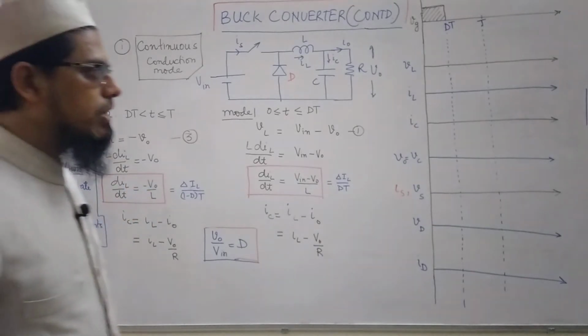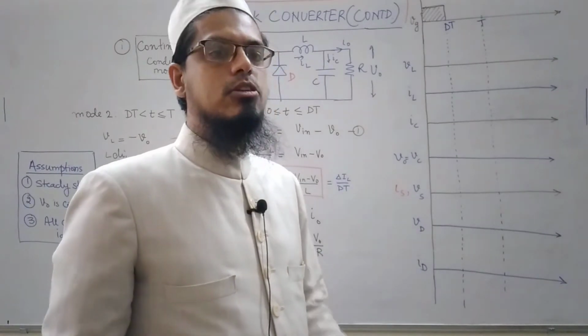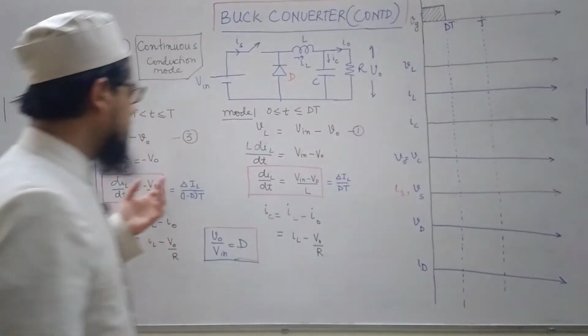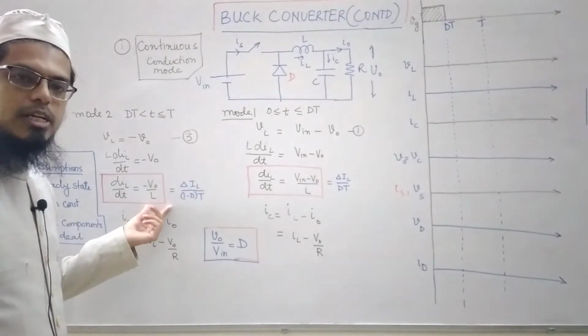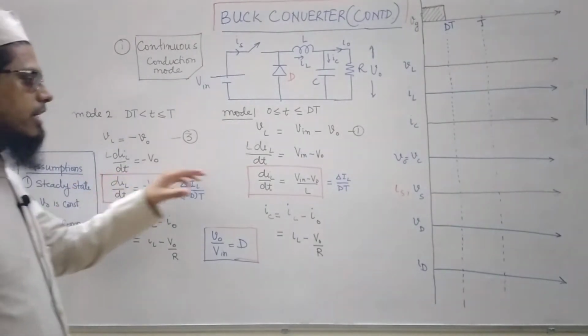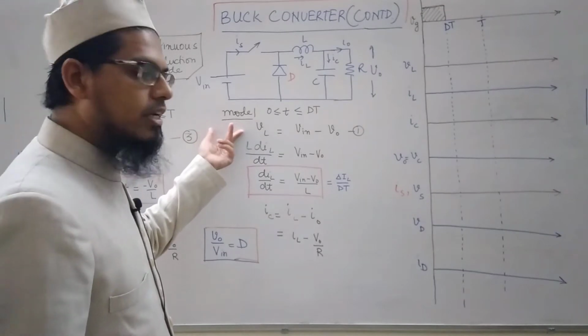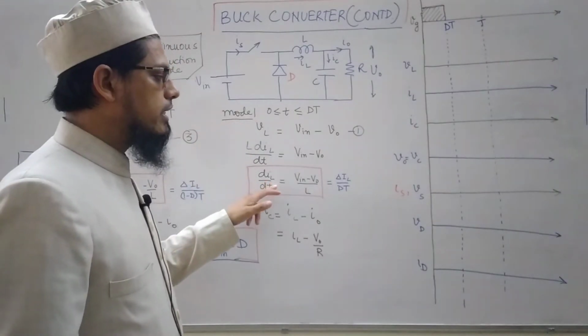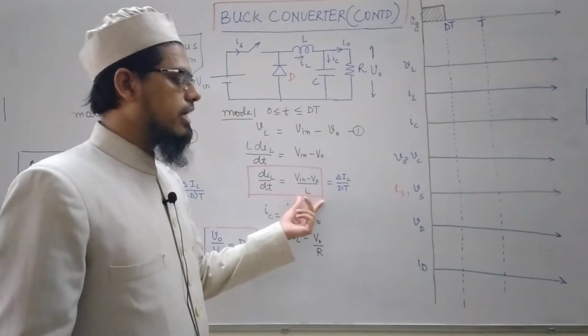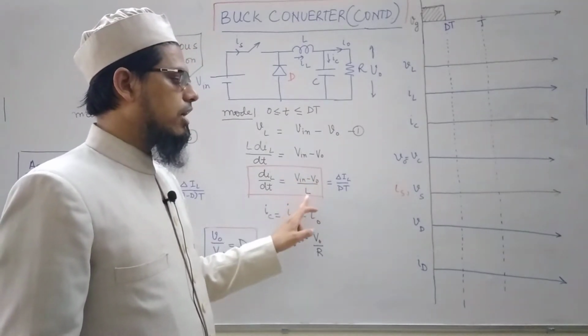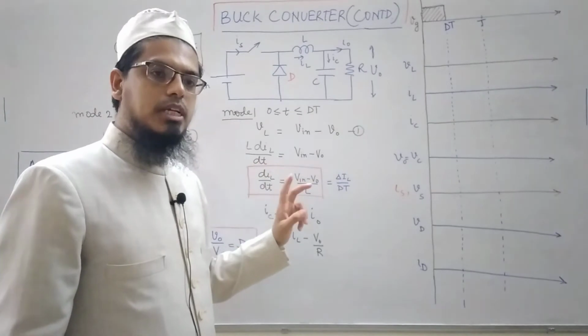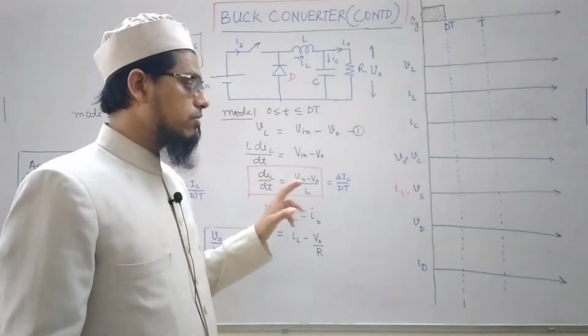And since we are assuming that the output voltage is almost constant, this dIL by dt value is a constant. So in the case when the switch is on in mode 1, the current through the inductor is linearly increasing, because V in minus V naught upon L is a positive quantity. Why is it a positive quantity?